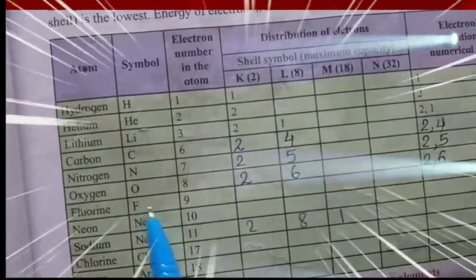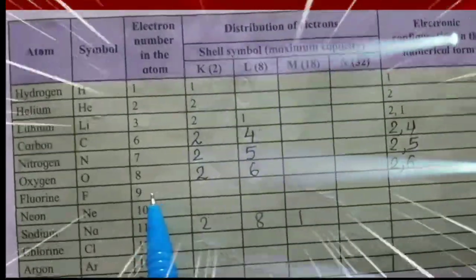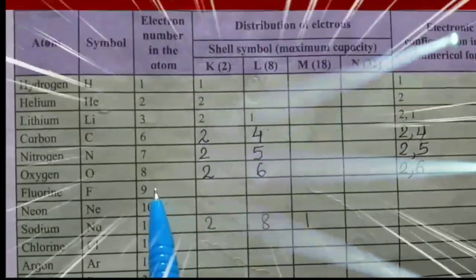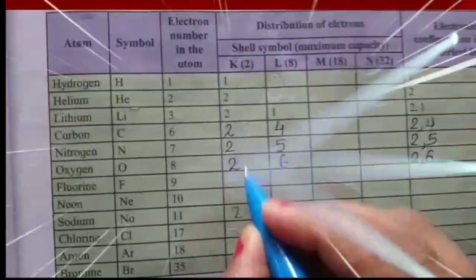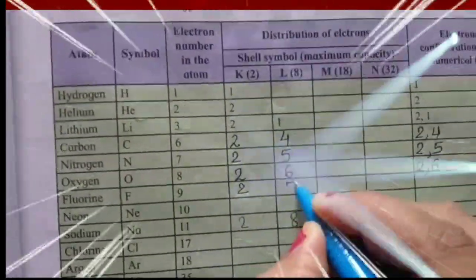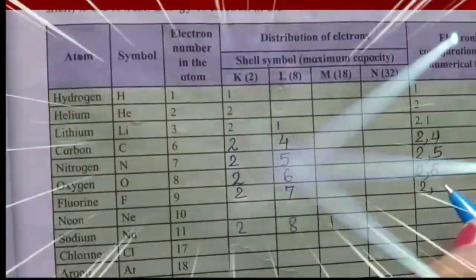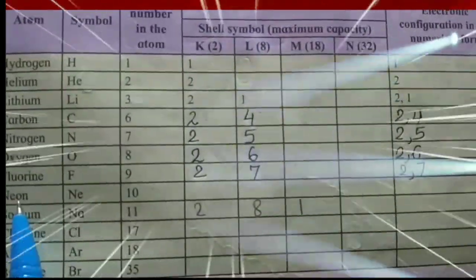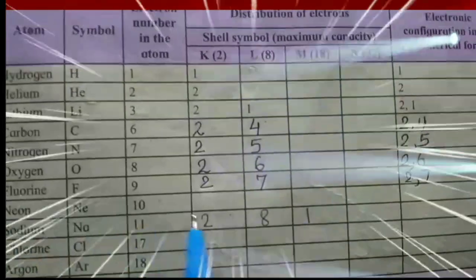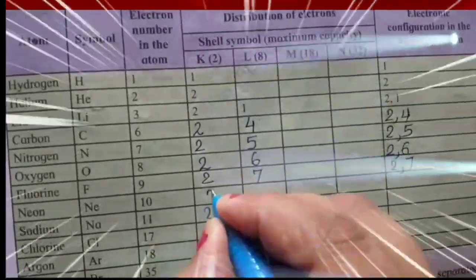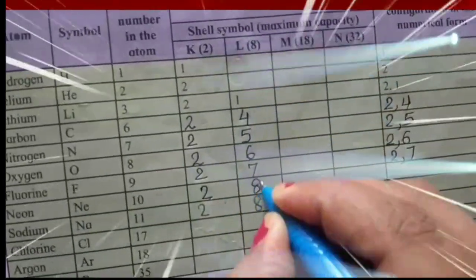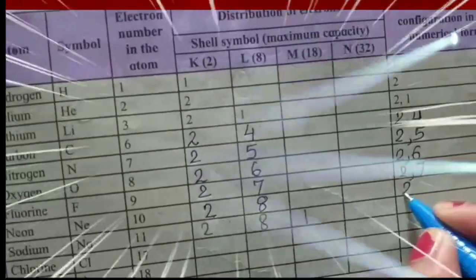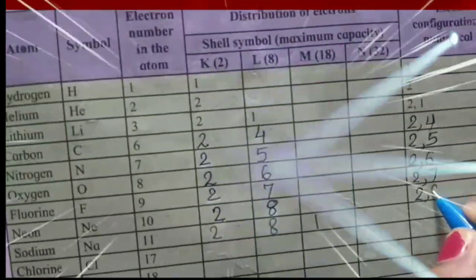Symbol is F. Electron number in an atom is 9. Here we will write 2 and here we will write 7. So the total will be 9. Let us move towards neon. Neon is 10. So here we will write 2 and here we will write 8. So the total will be 10.